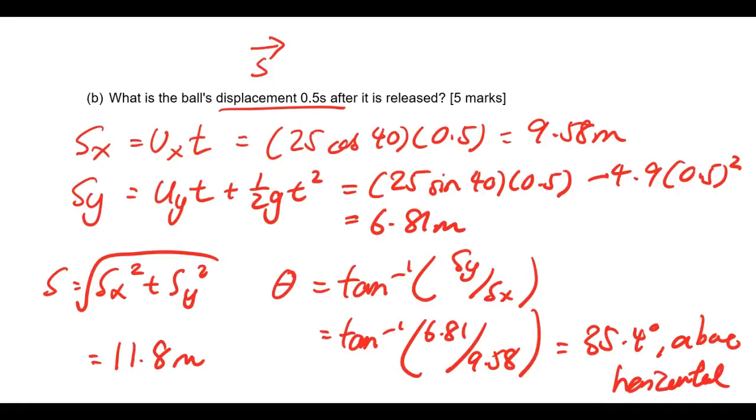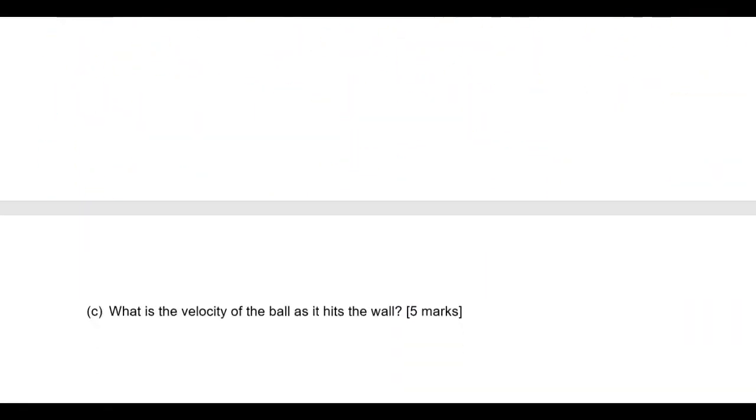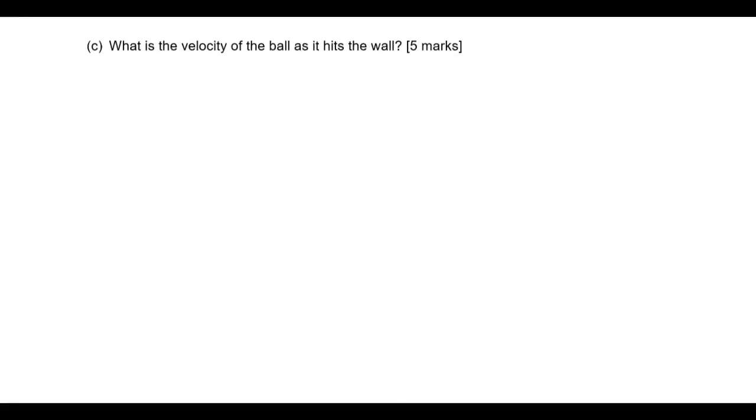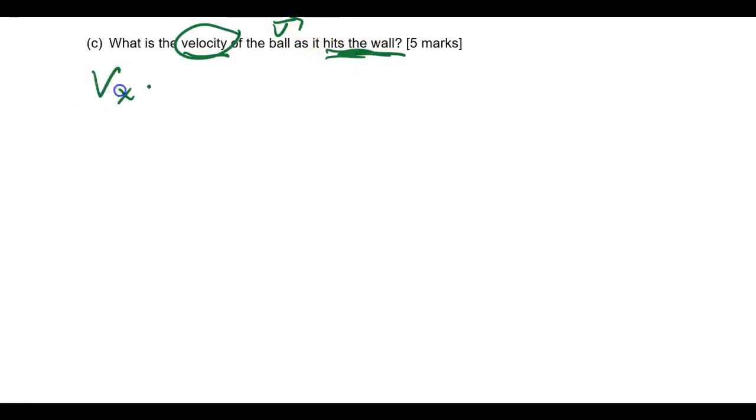If by any chance you still do not understand this, please look for assistant, please look for me or your friend. Next, how about the velocity of the ball when it hit the wall? So again, velocity vector, V vector here, you have to find the Vx and Vy when it hit the wall. So again, this is not so straightforward, you have to find Vx.